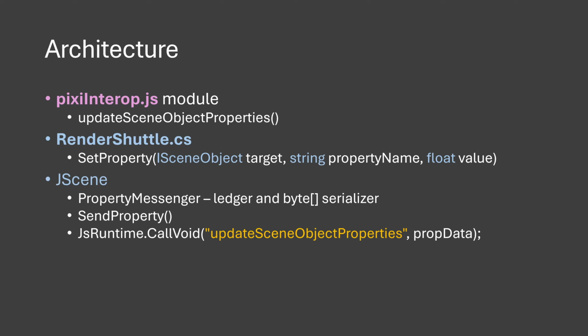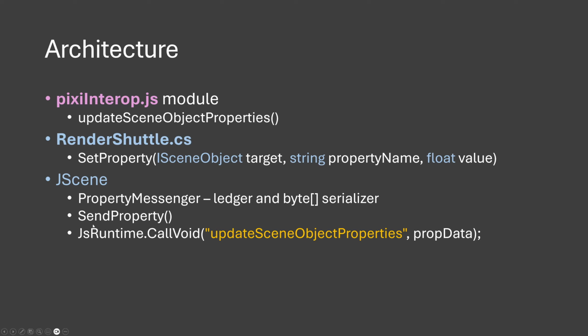To integrate it into JSON, first of all, we have this render shuttle type property that we call property messenger. It keeps track of all of the properties that are being set on the WASM side on all of the scene objects, and once per frame serializes it into a byte array.